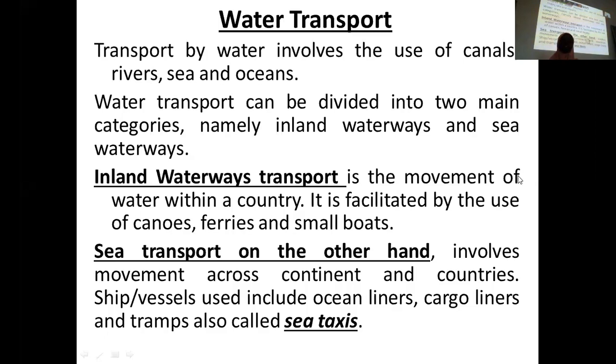They can move 100 men. They are also the best means of transportation used to transport goods from one country to another. Am I right? Especially heavy goods.